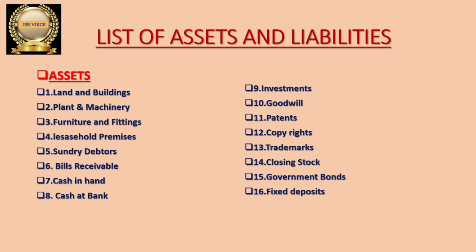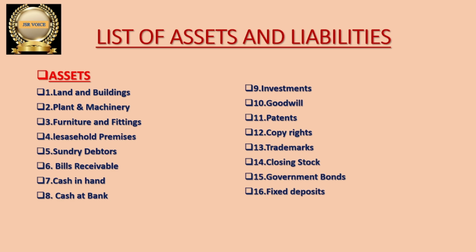Land and buildings, plant and machinery, furniture and fittings, leasehold premises, sundry debtors, bills receivable, cash in hand, cash at bank, investments, goodwill, patents, copyrights, trademarks, closing stock, government bonds, fixed deposit.